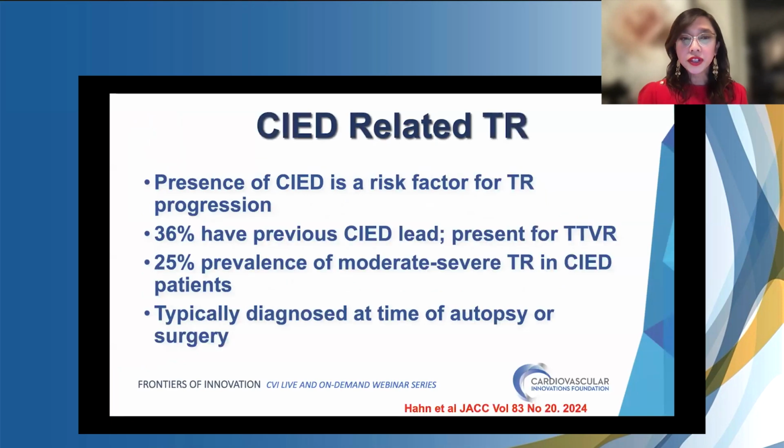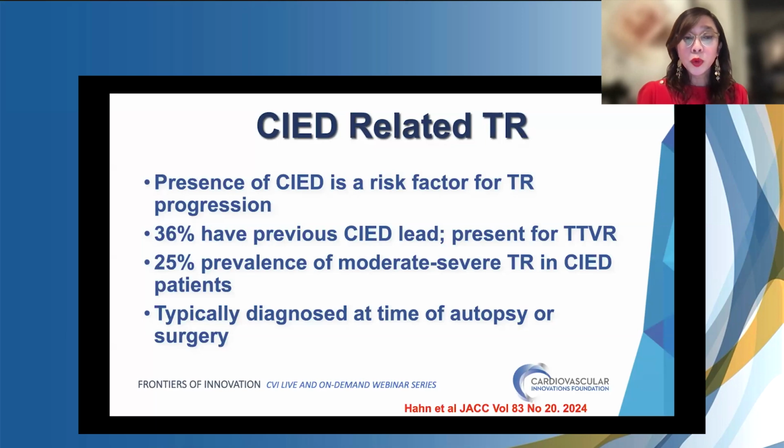So just a brief introduction. We know this is really common, and especially with the TR awareness, certainly the presence of CIED is a risk factor for tricuspid regurgitation progression. And a recent paper by the HVC found about 36% of patients have previous CIED-related TR, and a lot of them have been presented for replacement technology.